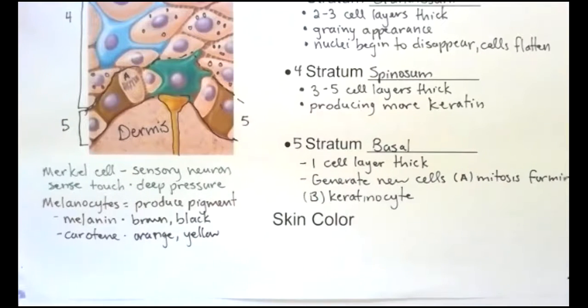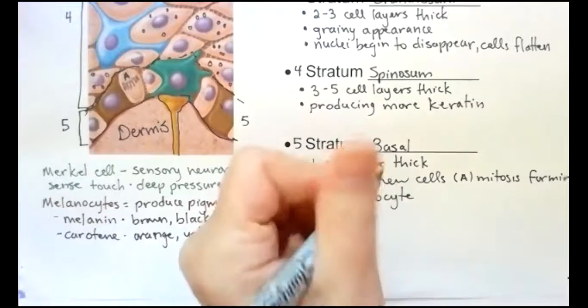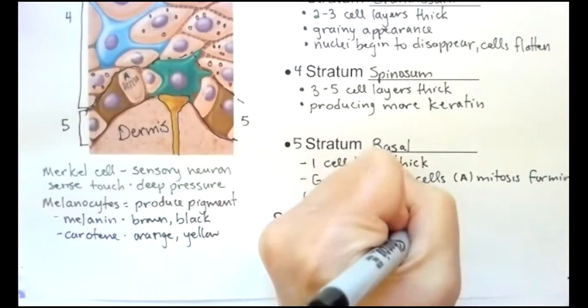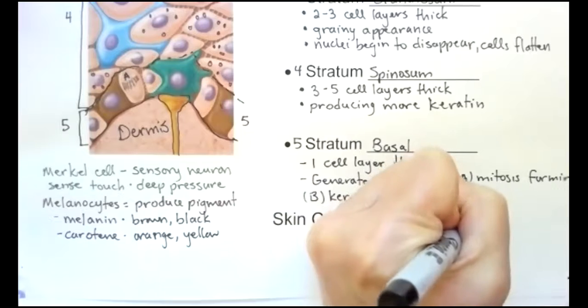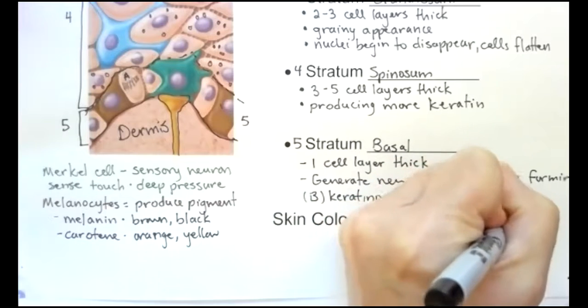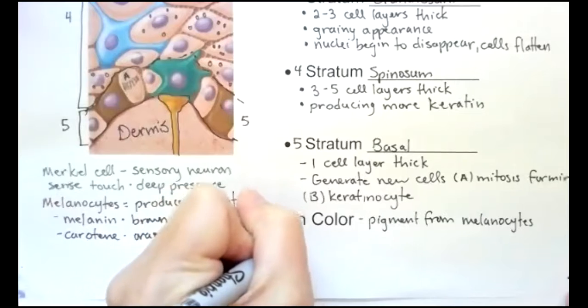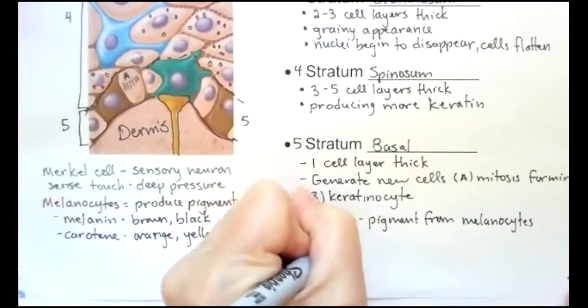So let's switch back to black. We have pigment from the melanocytes is sent out in melanosomes.